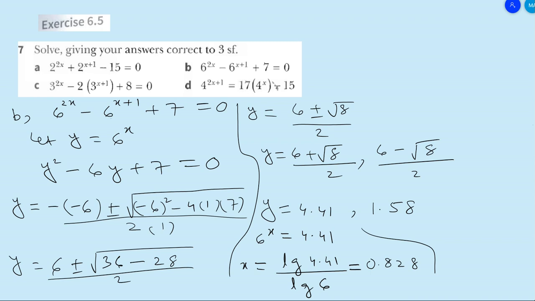Second, y equals 1.58. So 6 to the power x equals 1.58.